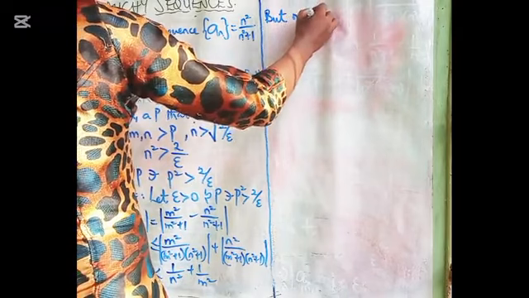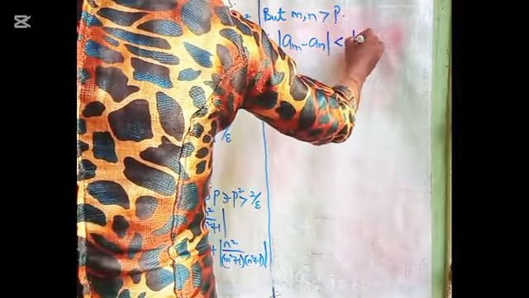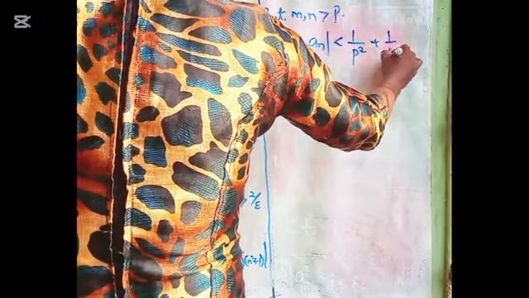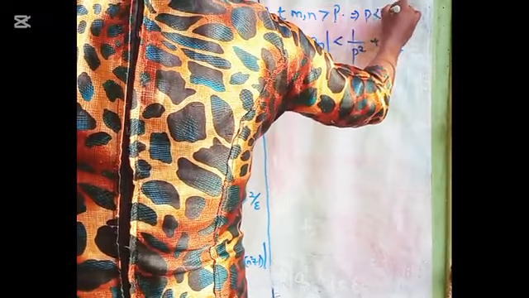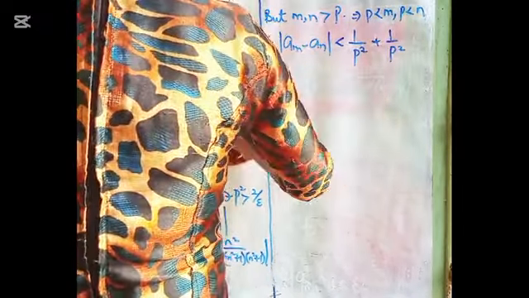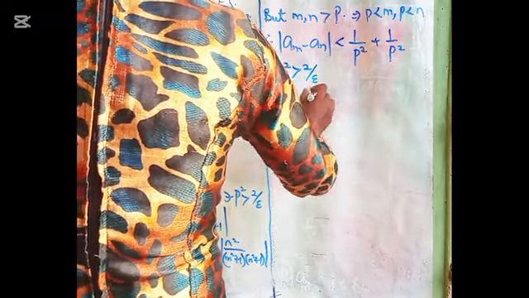But m and n are greater than p, therefore a sub m minus a sub n will be less than 1 over p squared plus 1 over p squared, because this implies that p is less than m, p is less than n. And we have said that p squared is greater than 2 over epsilon.